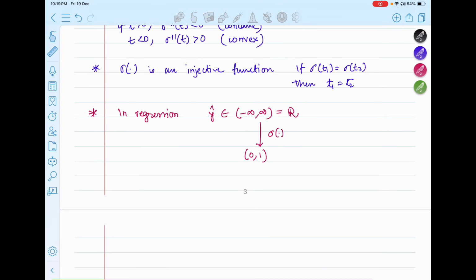Instead of y hat, we predict something called p hat, which is the probability that the class is equal to 1. This is the whole idea of logistic regression. And by the way, logistic regression is a regression. A lot of people say it's not regression, it's classification. It's not like that. It is regression, being used for classification. That's all.